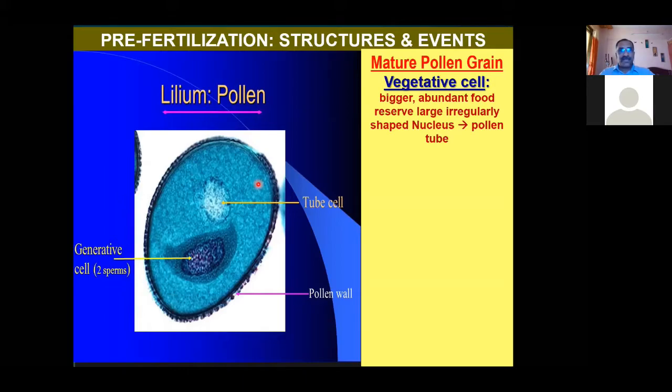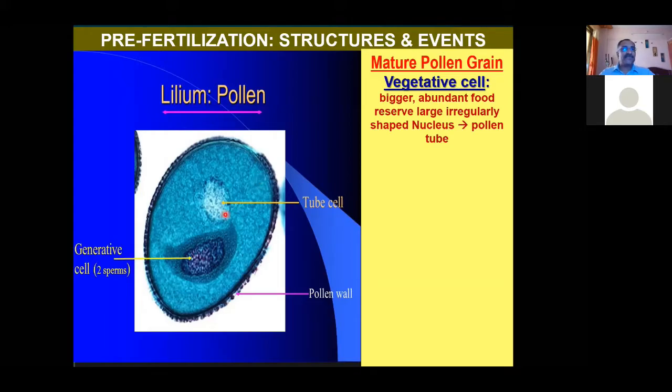This large cell we can call the tube cell, the vegetative cell. Actually, we call it the tube nucleus. Anyway, vegetative cell. Now, what are the characteristics of this vegetative cell? At the same time, you see a small cell over there. I will talk about it after this. So this is the large vegetative cell, in which you can see a nucleus.